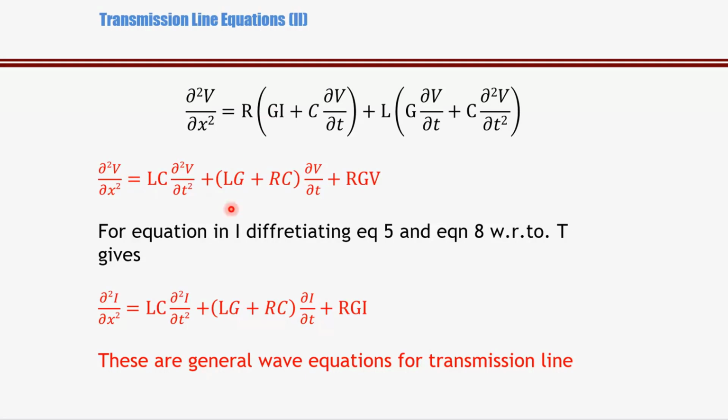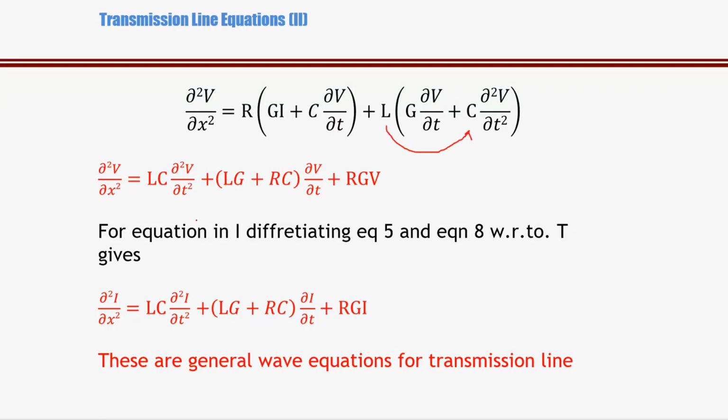Then if we simplify it further, I will get ∂²v/∂x² is equal to LC ∂²v/∂t². Where is L and where is C? This is the term, see here.